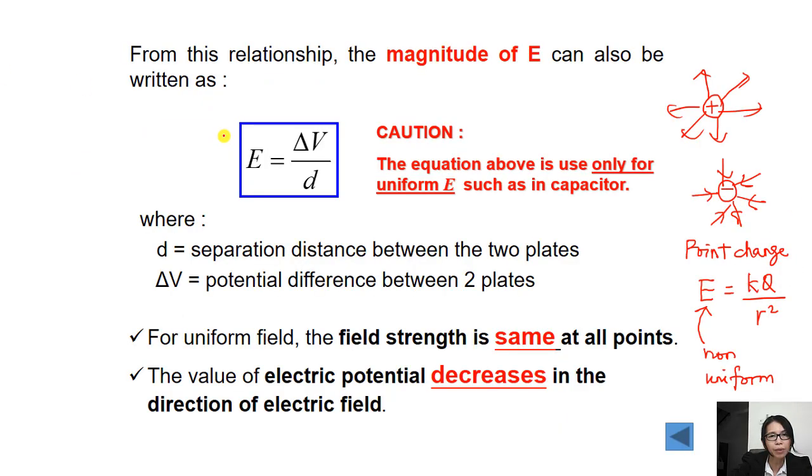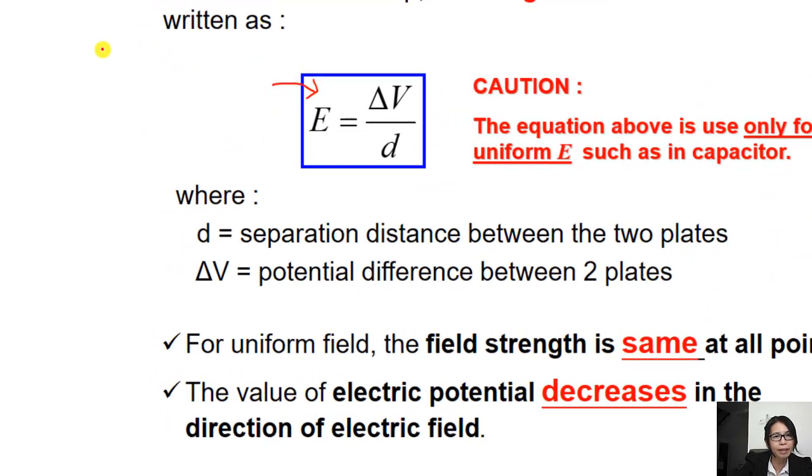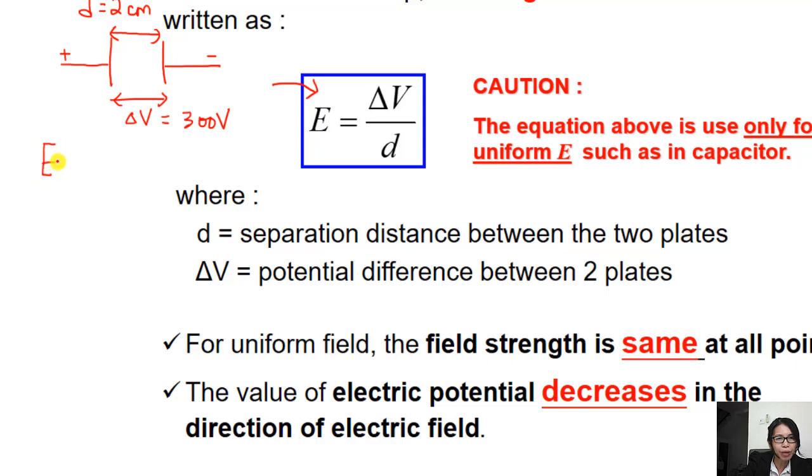Clear? So, class, how are we going to use this equation? Let's say I give you a parallel plate with a potential difference of 300 volt and the separation between the plates is 2 centimeter. How do I find the electric field strength created by this parallel plate? The electric field strength will be delta V over d.